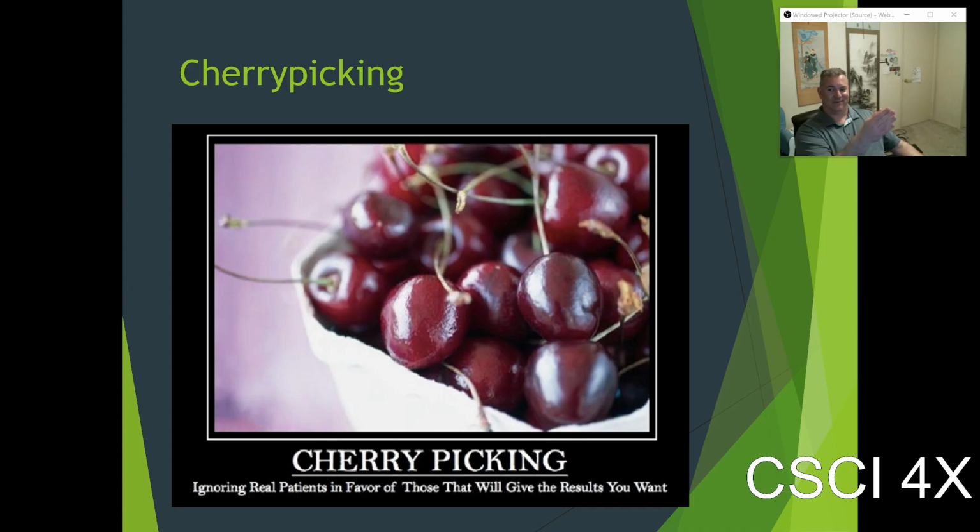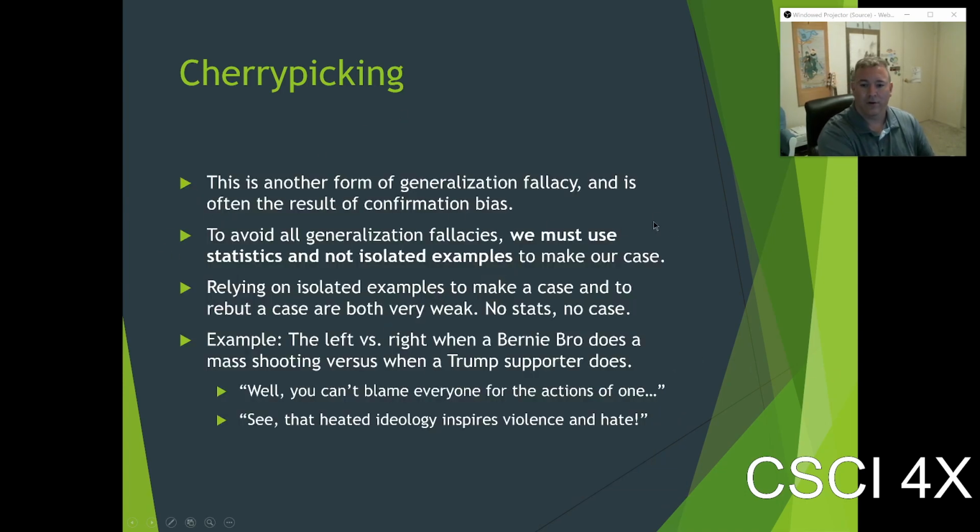Let's get them out of here. Oh, look, my results are statistically significant. It's something you have to be very careful for if you want to be an ethical scientist, which I recommend you be an ethical scientist.